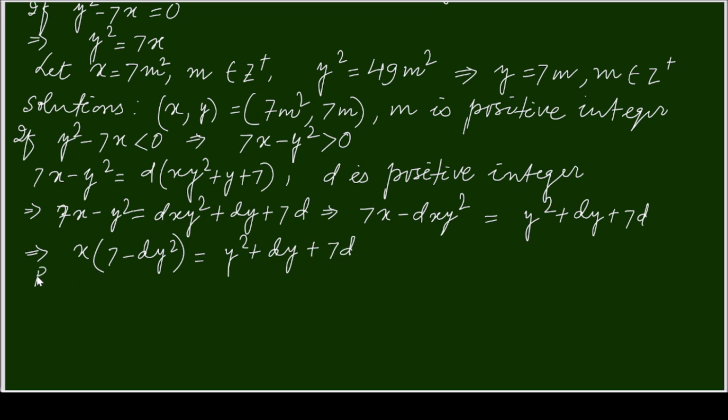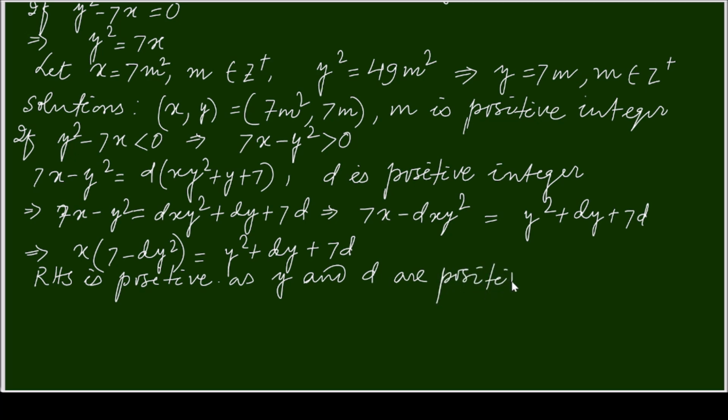Here the RHS is positive because we have taken d as positive and y is given to be positive. So the left side must be positive.